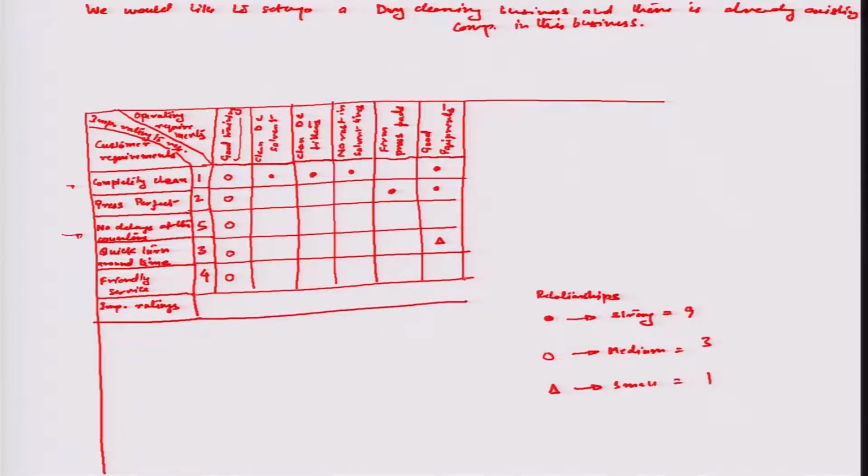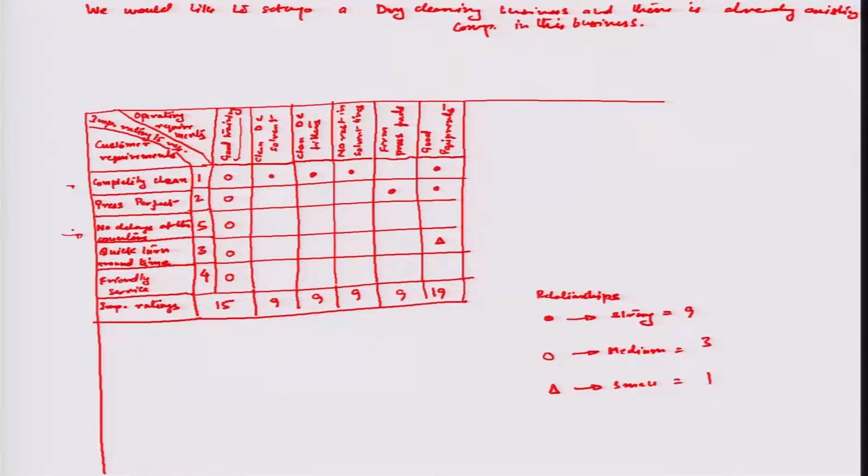While doing that, the person who does this rating finds that good training might have a rating of 15 on a scale of, let's say, 1 to 20 again, whereas the clean dry cleaning solvent might have a rating of 9. Similarly, the clean filters might have another rating of 9. The no rust on the solvent lines could have a rating of 9. Similarly, firm press pads could have a rating of 9. And then good equipment would be very, very important, so it has a rating of about 19 on a scale of 1 to 20. So that's how you can give importance ratings to these different hows, which would help in achieving the customer requirements, that is whats.